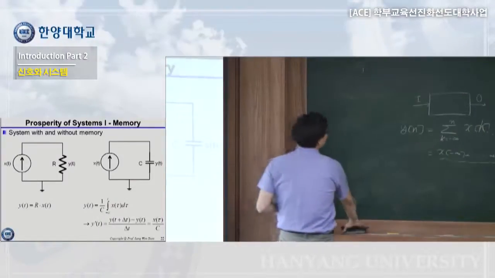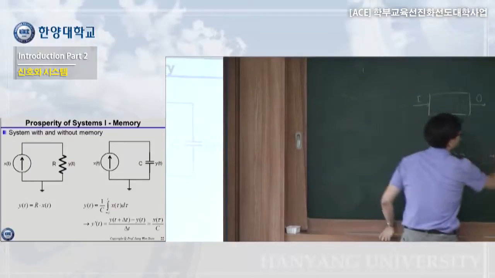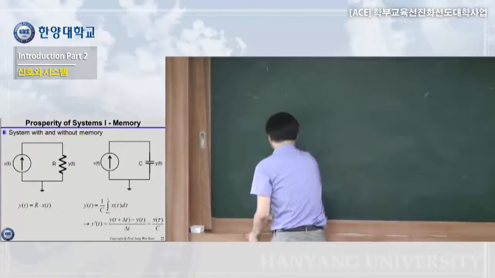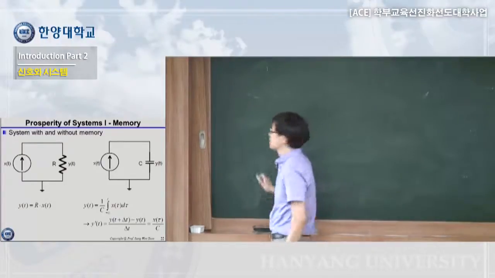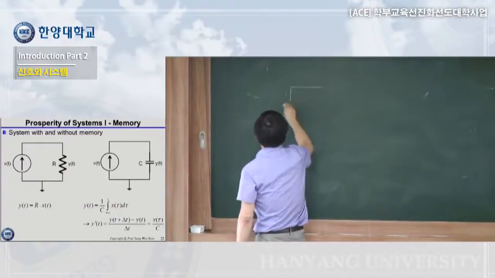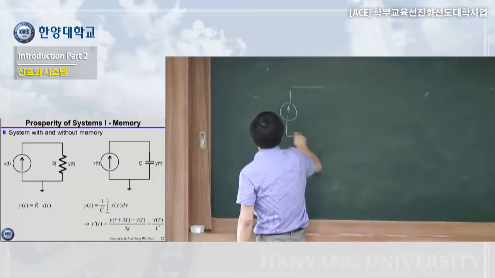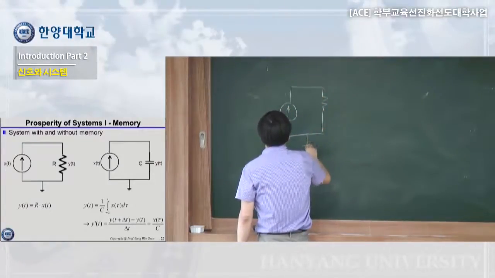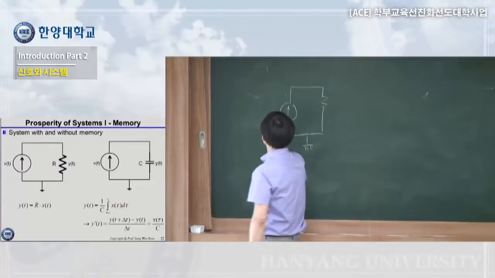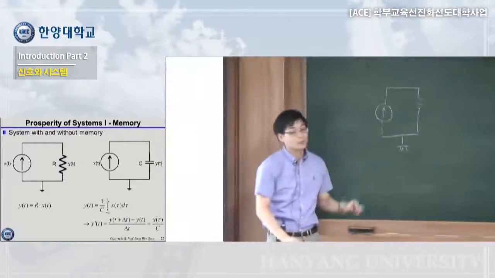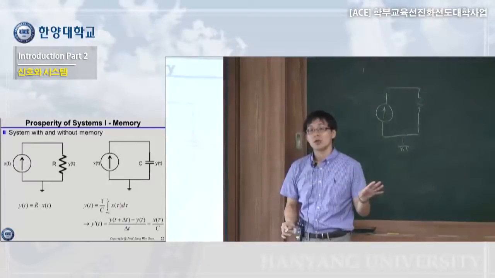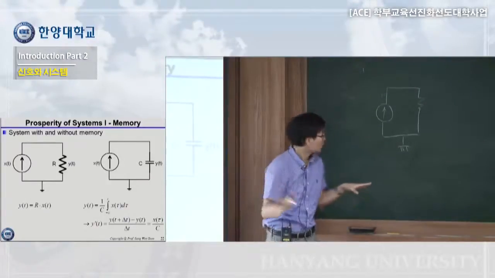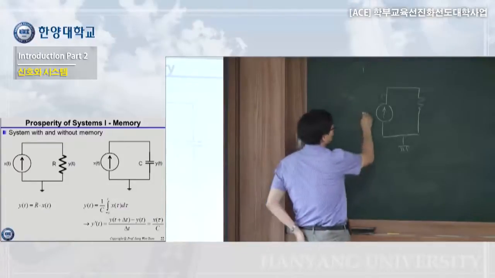Let's have a practical example. Assume we have a circuit, we have a resistor. In the previous example, we described what is the input and what is the output.